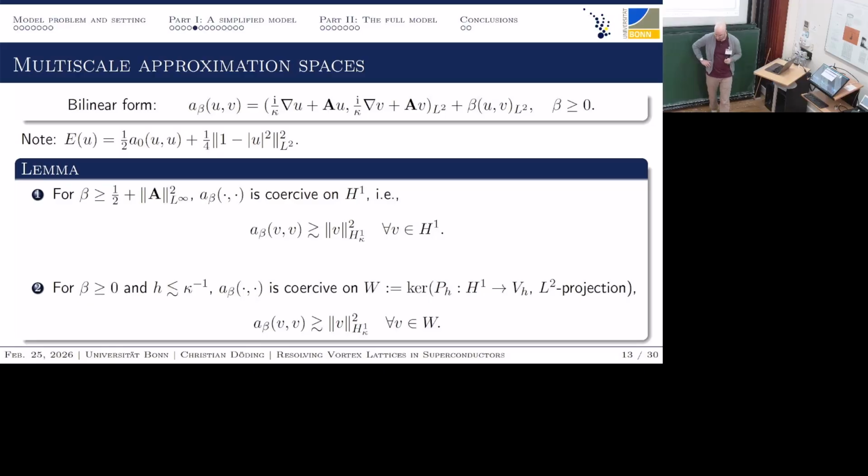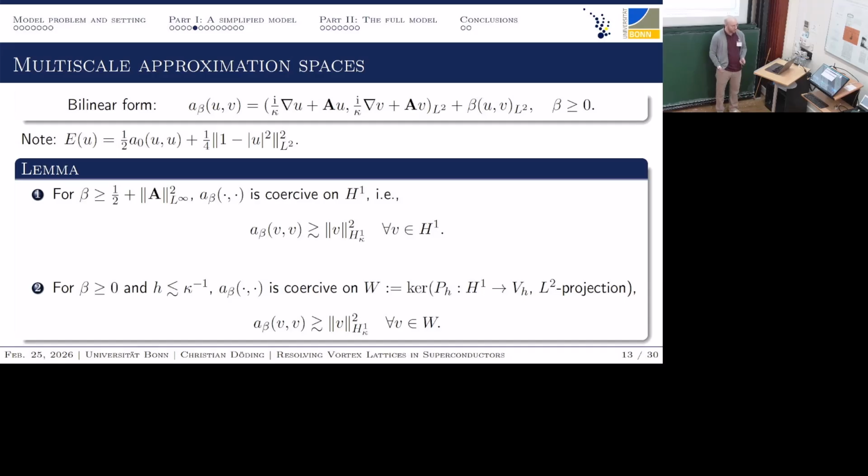However, if your mesh size is sufficiently small, sufficiently here means like 1 over kappa, which we need anyway for resolving the vortex pattern, then we obtain coercivity of this bilinear form on a subspace, namely the space W here, which is the kernel of the L2 projection. And now I come back somehow to the previous talk where we also had this detail space.